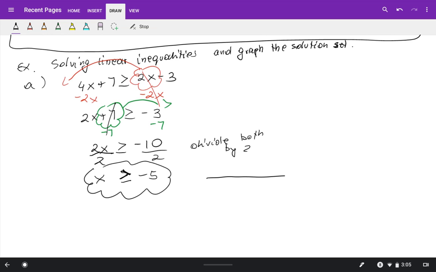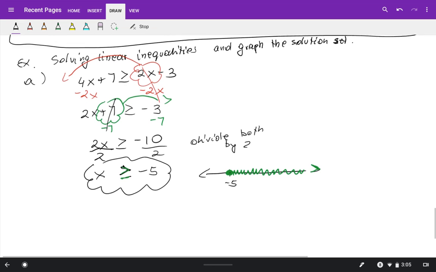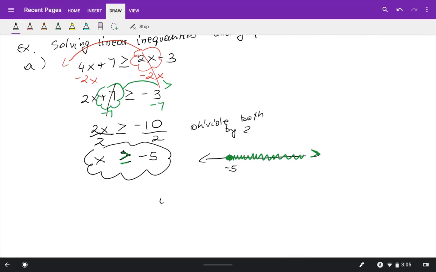To graph it, this is how you will graph. You will put -5 on the number line. You're going to include -5 in your solution because of the equal sign, and greater means we're shading everything to the right. So this is the graph. And if on MyMathLab they ask you to write the solution using interval notation, the interval notation is bracket -5 to infinity.